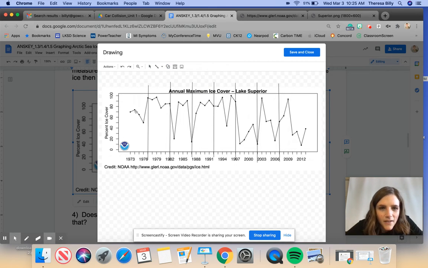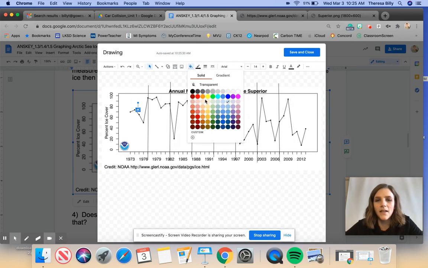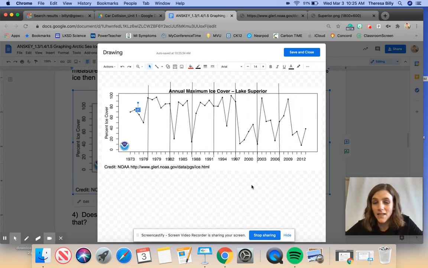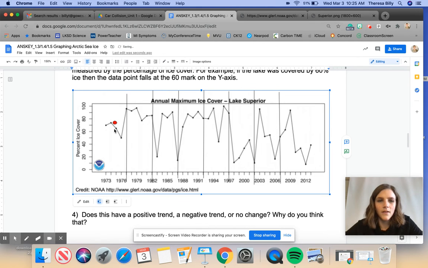Here's 70. So just a little bit above it, we're going to place a dot. Maybe about right there. And I'm going to fill it in with red, because I want it to stand out. This is my trend line. I'm going to click save and close. There's my dot. It's on my graph. It's good.